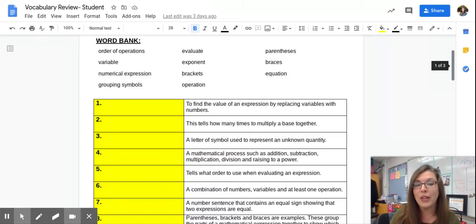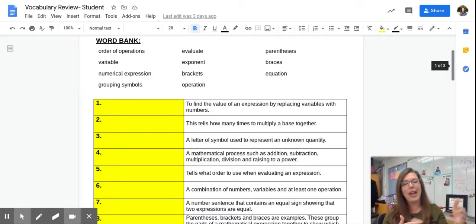Guys, at the beginning of the unit, I don't have you do the VGO for every definition that you need to know. Instead, I take just a sampling, especially those words that hopefully you come to 5th grade with a good foundation for what you know in 4th grade. I only give you the words that you're most familiar with from 4th grade. Then we add to our bank of knowledge throughout our lessons.